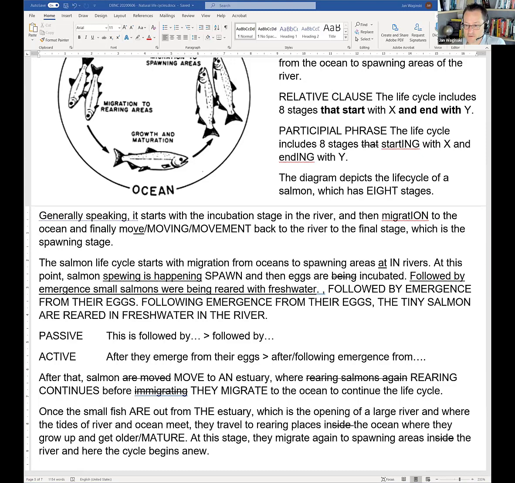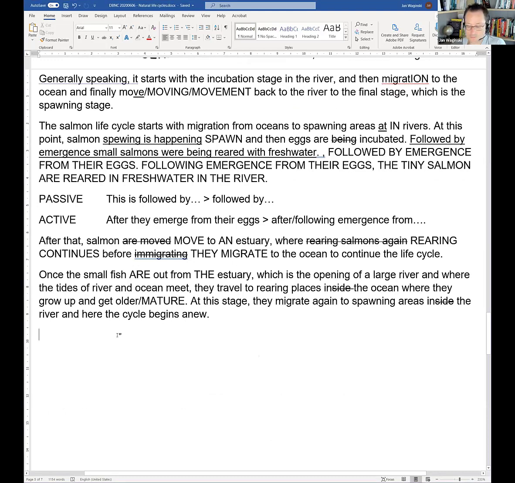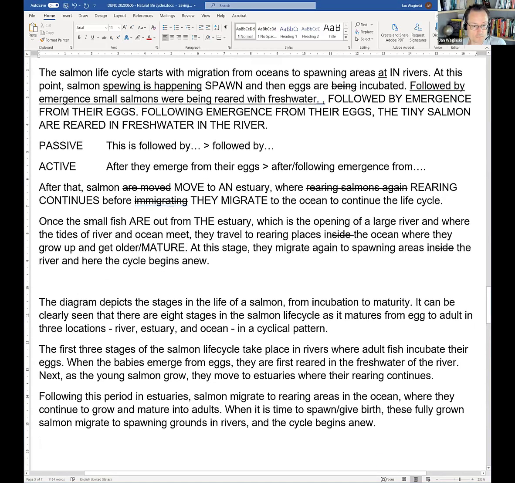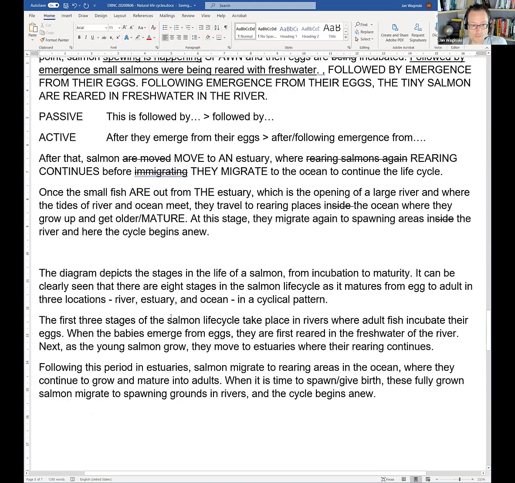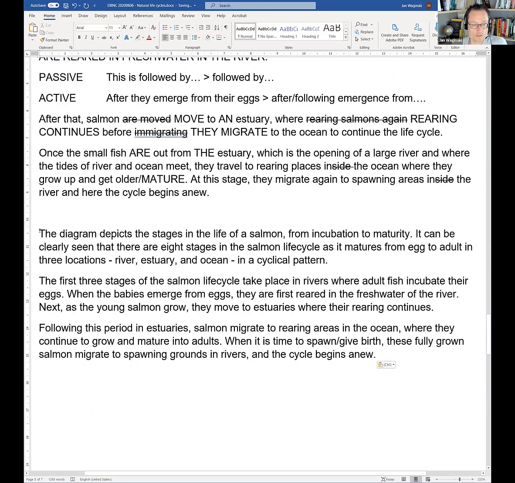Okay, and I'll just give you the version that I wrote. The diagram depicts the stages in the life of a salmon from incubation to maturity.